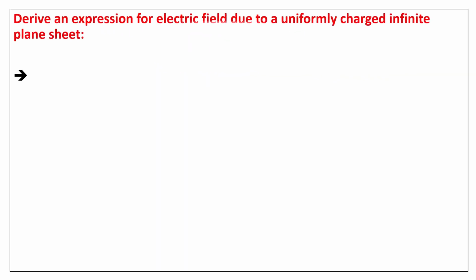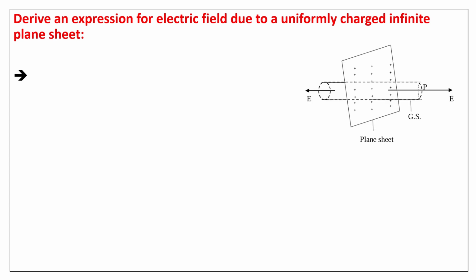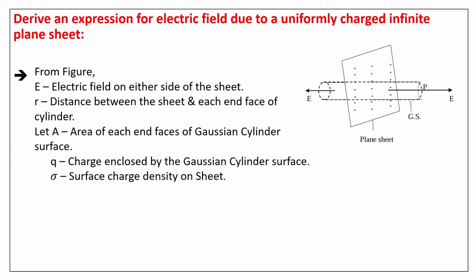2. Derive an expression for electric field due to a uniformly charged infinite plane sheet. From figure, E is electric field on either side of the sheet. r is distance between the sheet and each end face of cylinder. Let A be the area of each end face of Gaussian cylinder surface.